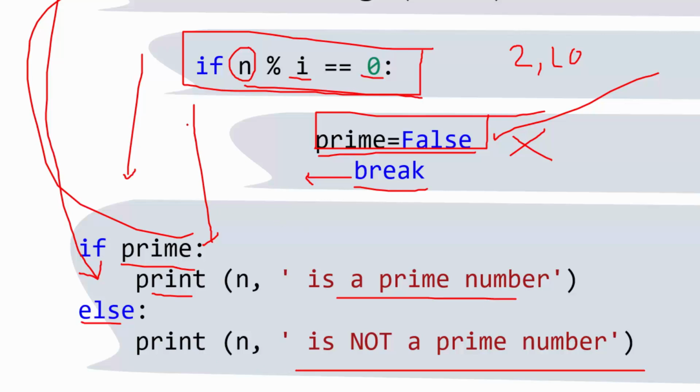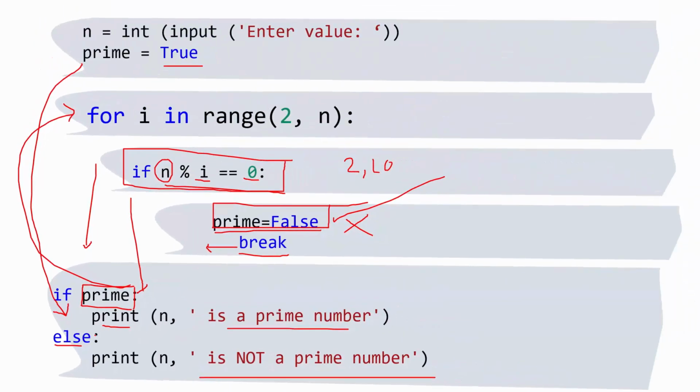So if you come out of the loop and prime is still true, it means your number has not been found divisible by any value other than 1 and itself. And if you come outside the loop with prime not true, it means your value is not a prime number. And this is how to find if a number is prime or not.